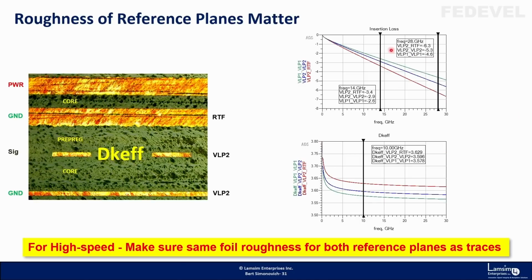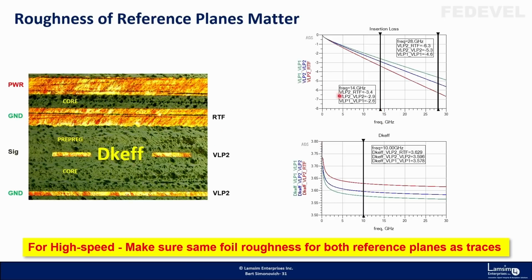Yeah, so that's what it shows here. So here's a combination of VLP2 and RTF. When you have the very smooth copper and one of your planes is rough, that's the red, you get insertion loss of 3.4 dB at 14 gig.